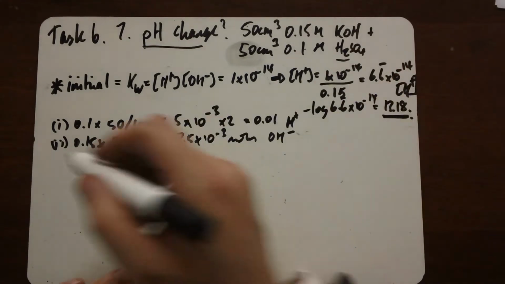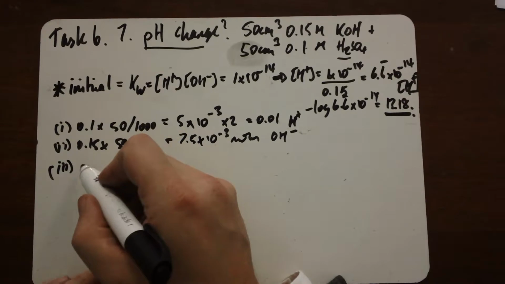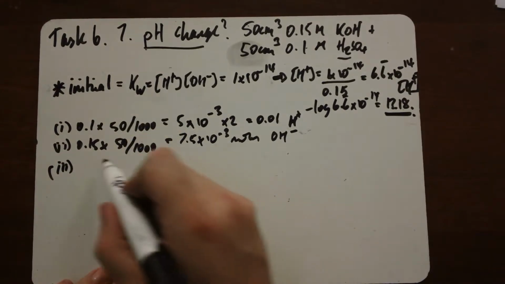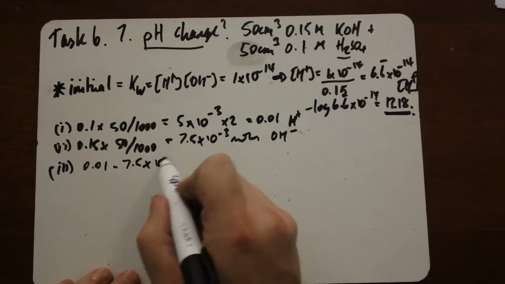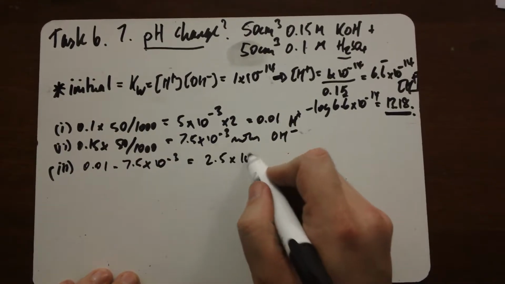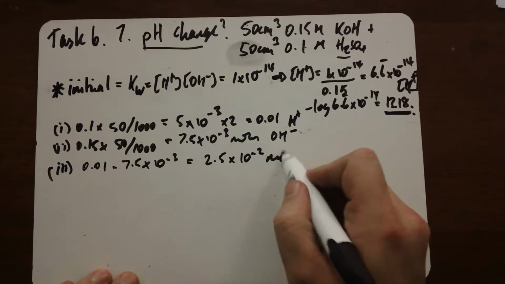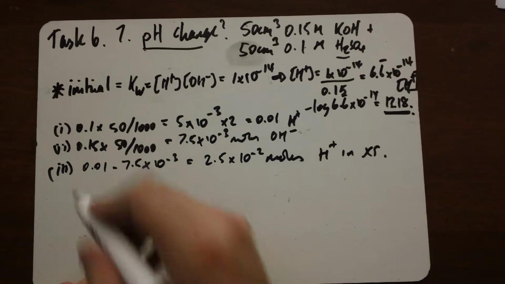So we've got an excess of H plus. So now we work out the excess amount. So it's 0.01 take away 7.5 times 10 to the minus 3, which is equal to 2.5 times 10 to the minus 3 moles of H plus in excess.